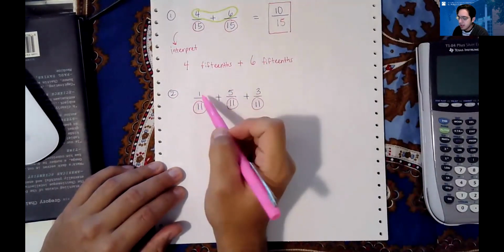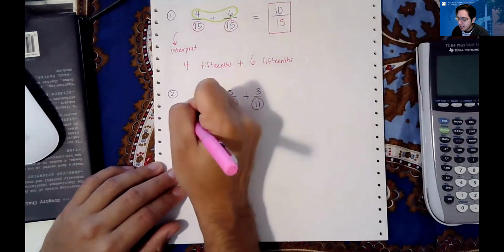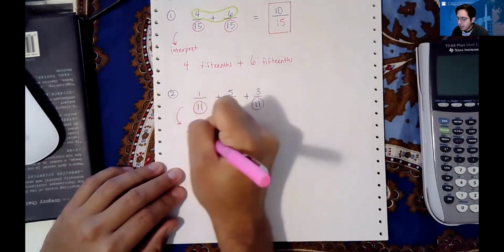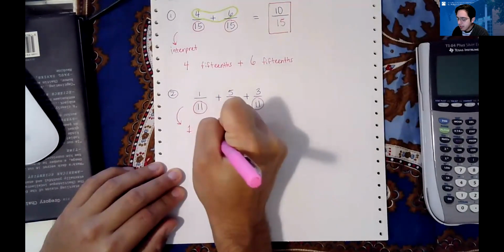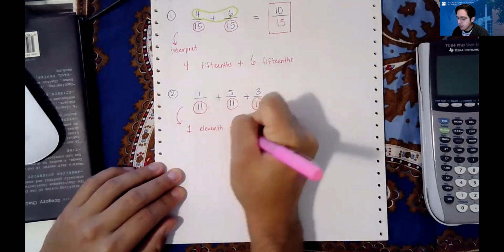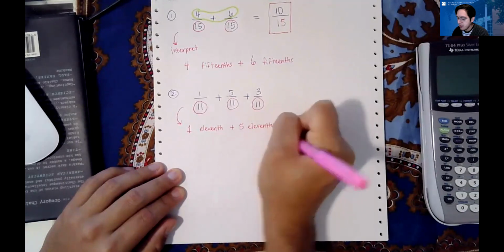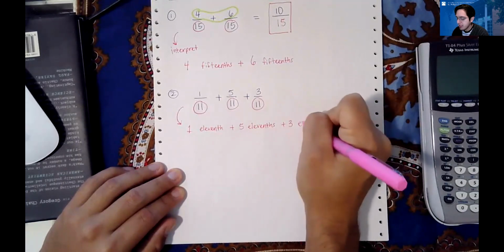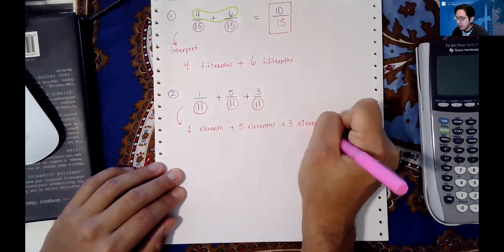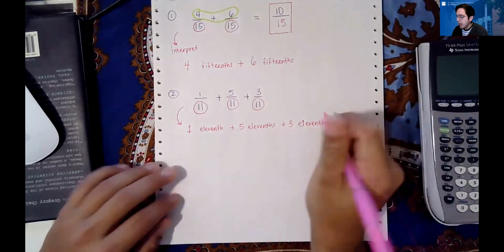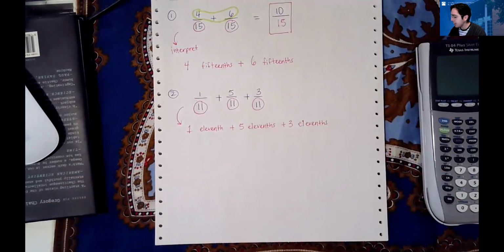But in any case, you could think about having 1/11 plus 5/11 plus 3/11. So how many 11ths should I have in total here?